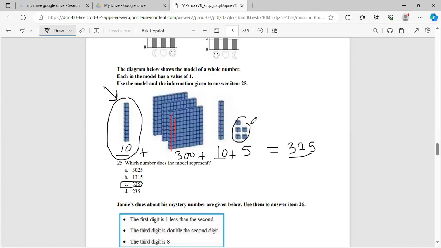It's still 5. That's why they say each block, each model has a value of 1. So position does not matter.